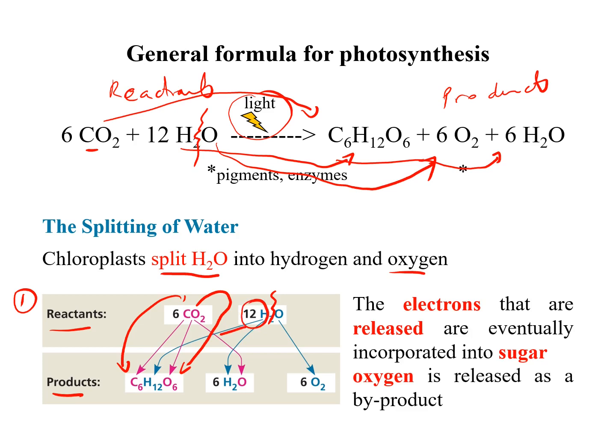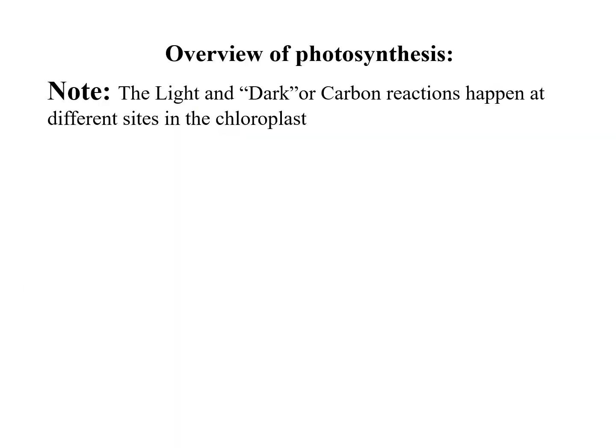So these electrons will go here and into the water, while the oxygen will be released as a byproduct. So two things that I want you to remember: the molecule of water is split at the beginning of photosynthesis, and the hydrogens will go and are part of the glucose and are also part of the water.